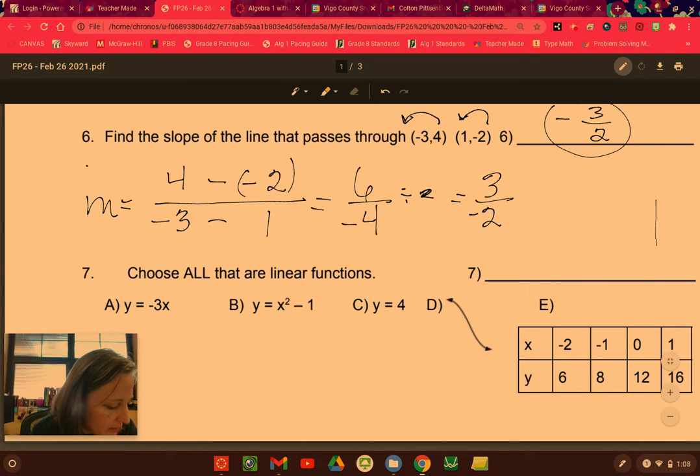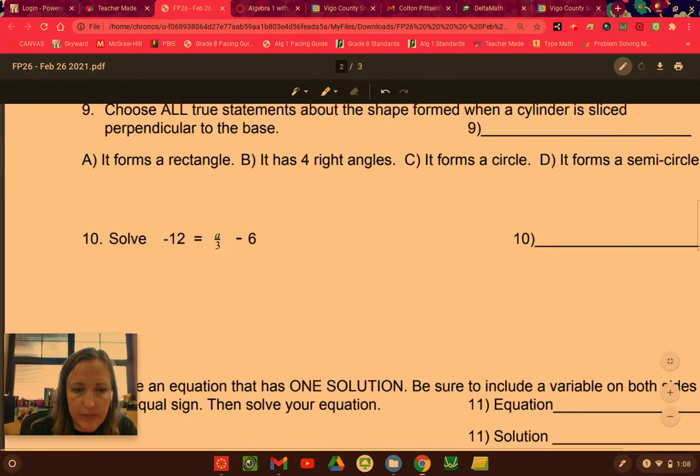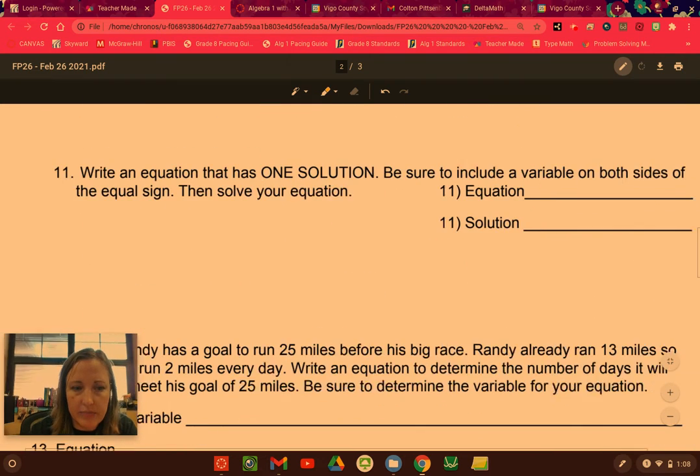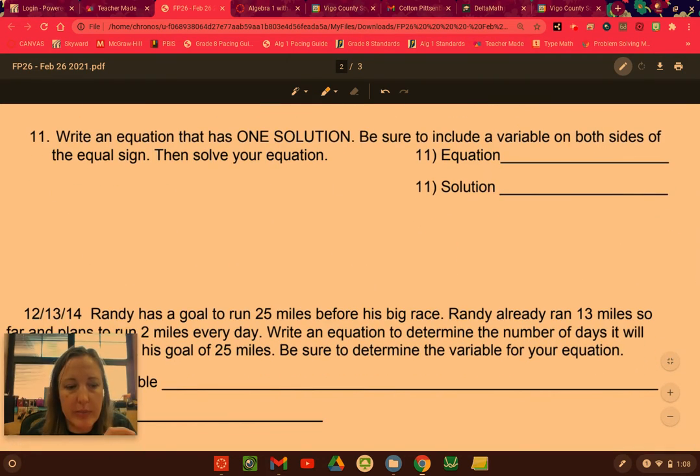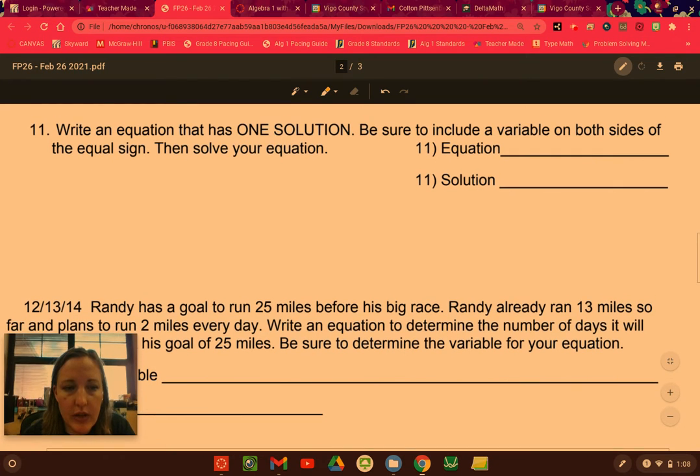So let's go ahead. The next one that was asked for was number 11. So number 11, I know, is frustrating to a lot of people because there's no one answer. And that's what's frustrating. So we're looking for an equation. So I know it has to have an equal sign. And it has one solution.